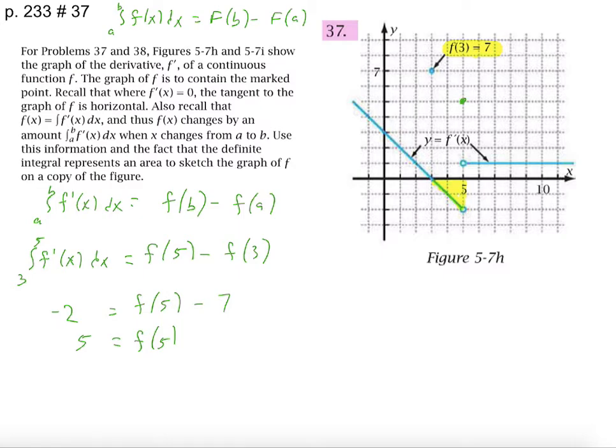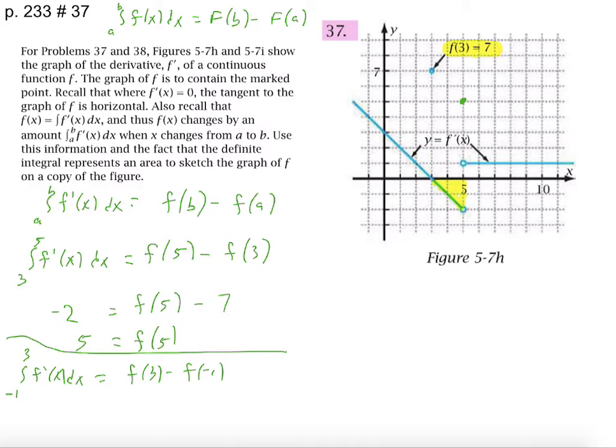We can do the same thing for any other point on the curve. For example, if I wanted to find f of negative 1, I could say the definite integral from negative 1 to 3 of f prime of x dx, I'm going to draw a line here to show that I'm doing something different, is equal to f of 3 minus f of negative 1.